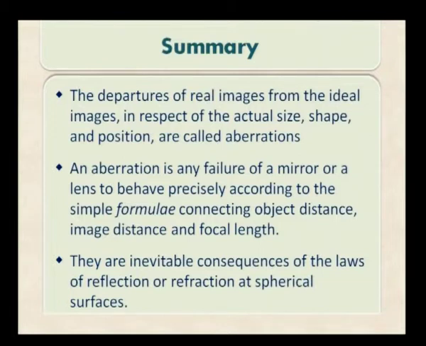The formula that we obtain connecting the image distance, object distance and the focal length holds good only under certain approximations, and these defects are the inevitable consequences of the laws of reflection or refraction at spherical surfaces.